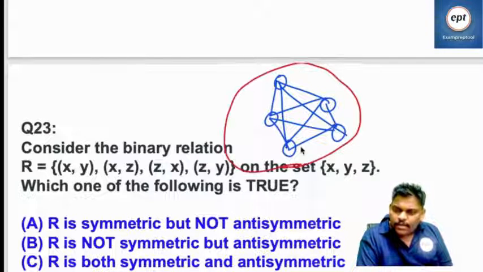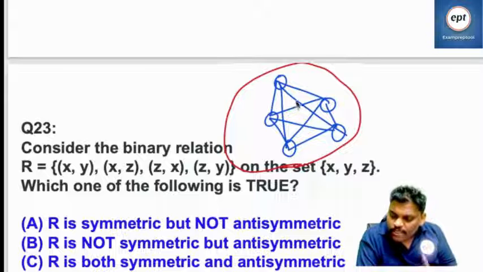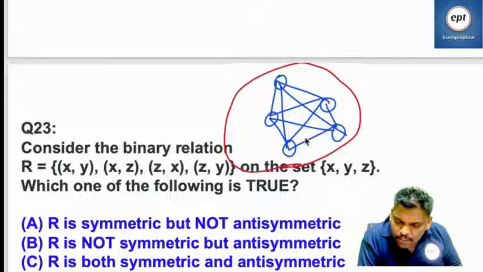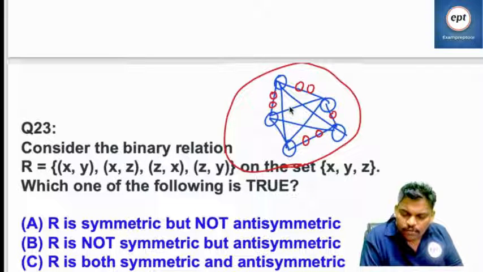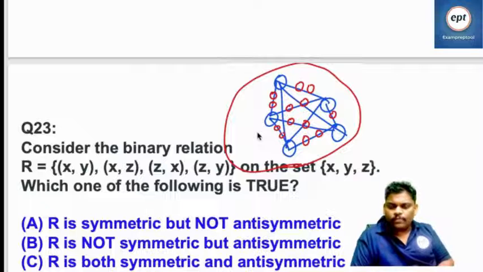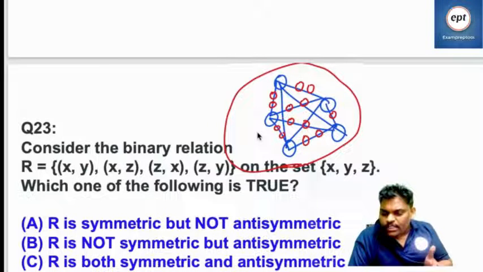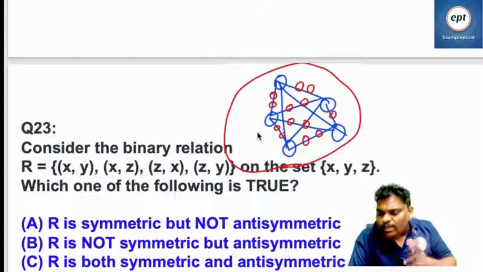Isomorphic means exactly the same. Homomorphic means some subdivisions are there. One edge becomes more edges. Same structure, but one edge becomes more edges, subdivisions of edges.